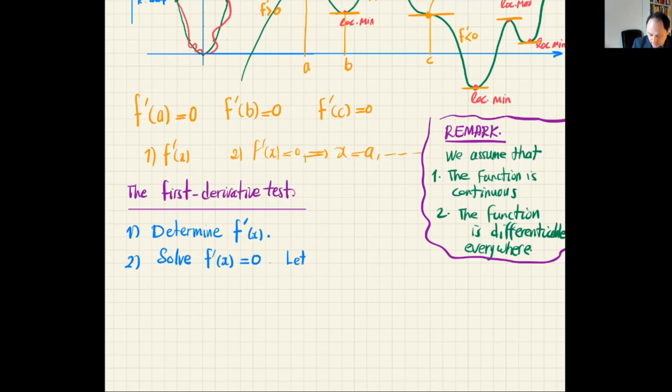Let x equal a be an answer, a solution. Okay, number 3, you need to set up the sign table.